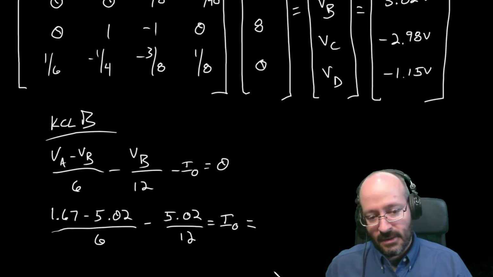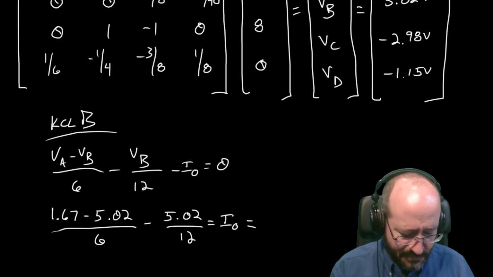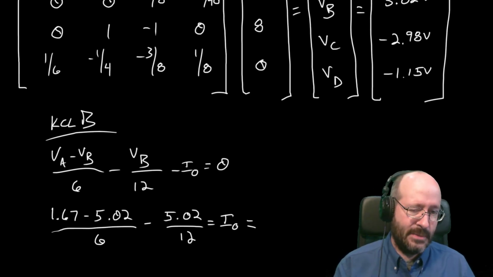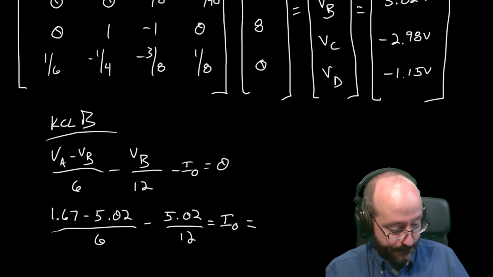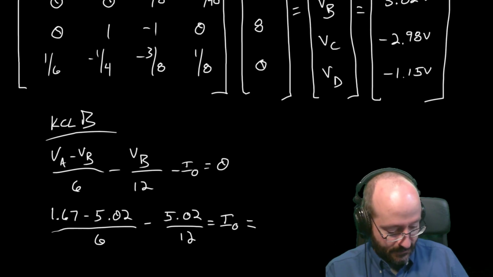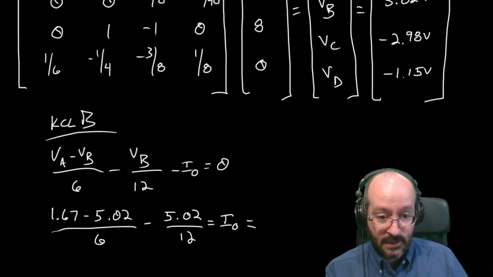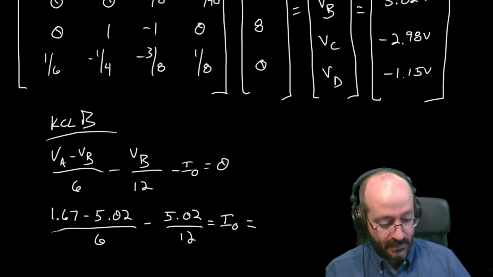Then we can just calculate it. So I'm grabbing my calculator again. That's why I stored the values. If you don't know how to store values in your calculator to reuse them, it's pretty useful because that's what I'm going to do here. So let's see, that's VA minus VB divided by 6 minus VB divided by 12.